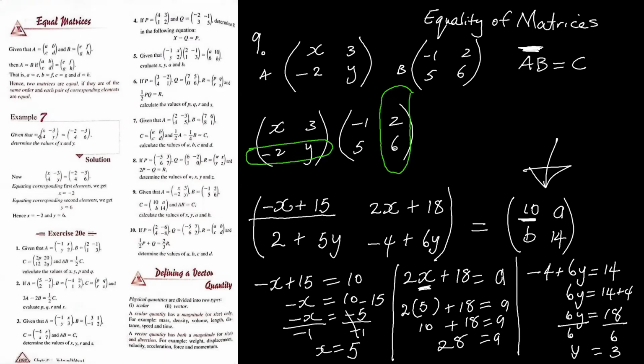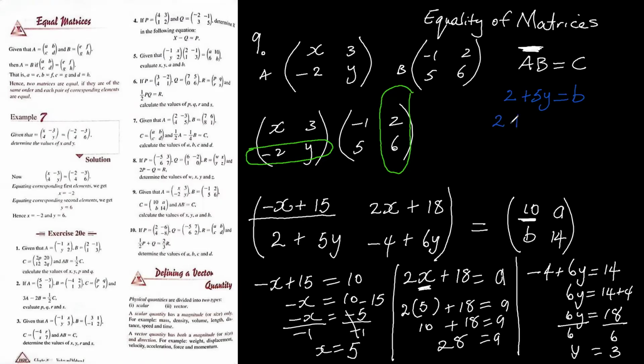All right, so one more. So that one would be the 2 plus 5y equals B. But we just worked out what y is.